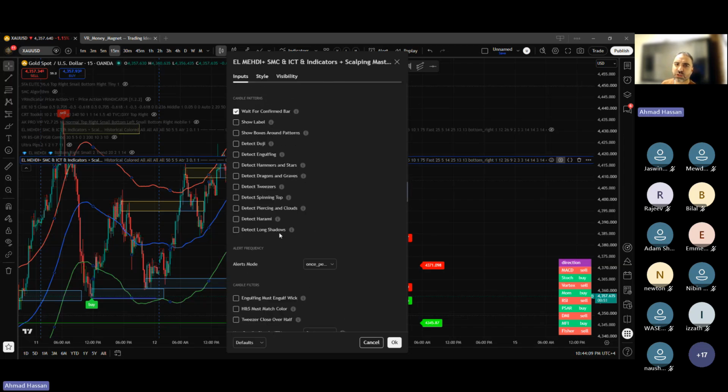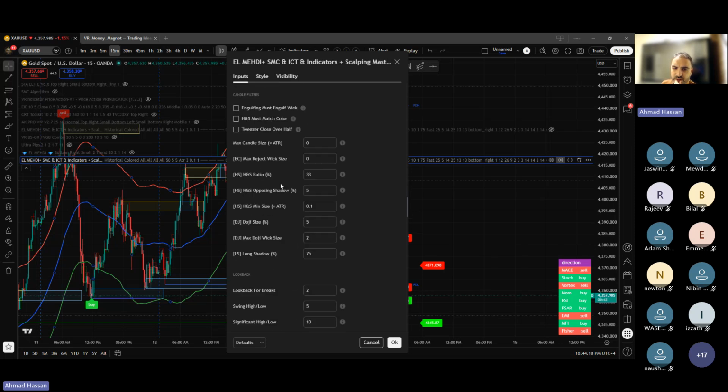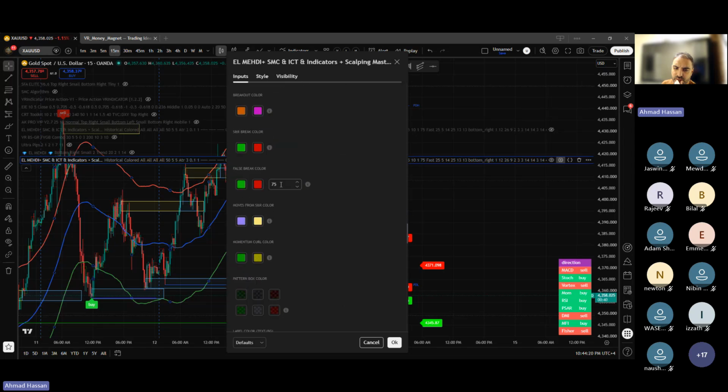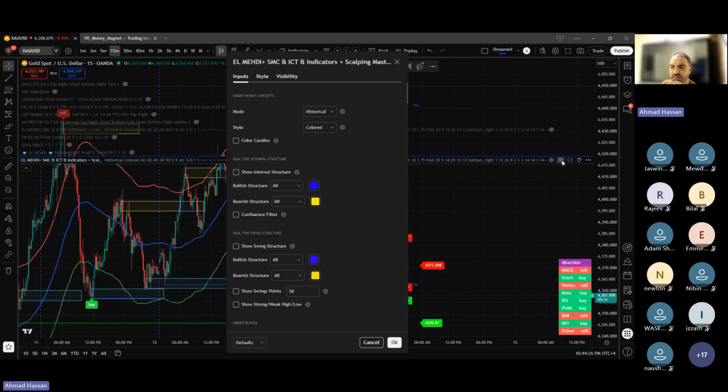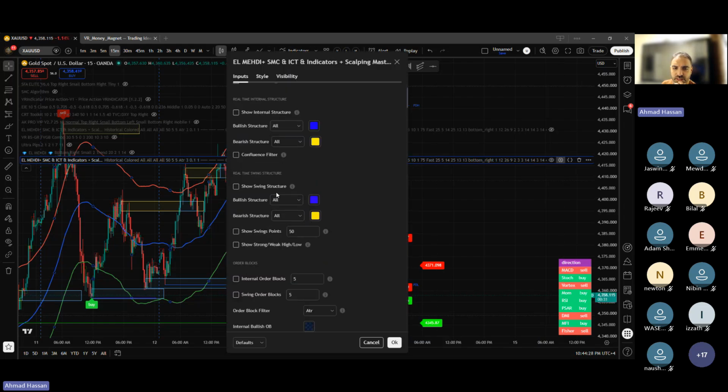There are so many options: wait for the confirmation bar, the doji candle, the engulfing candle. If you're okay with this, you can utilize it. Otherwise, I used only two things here, which are buy and sell signals. That's all. The rest I just switched off.